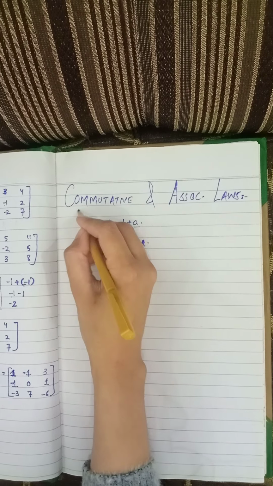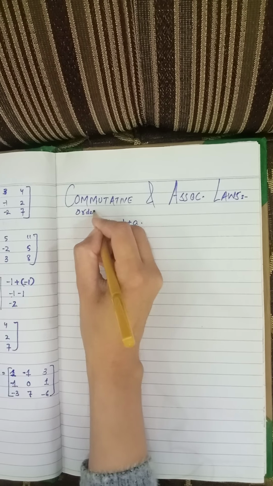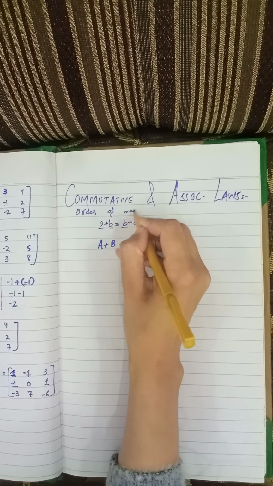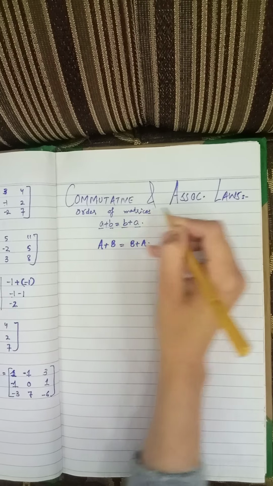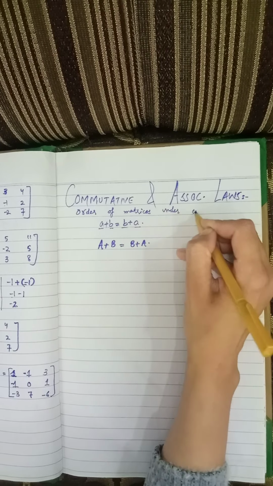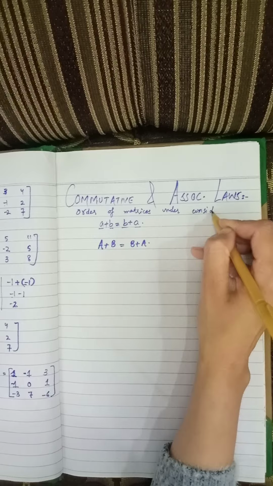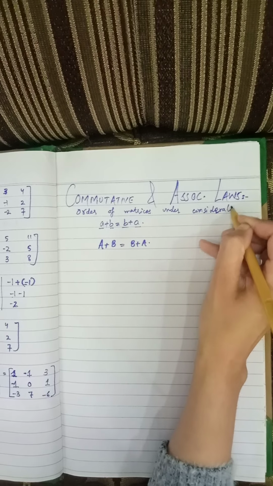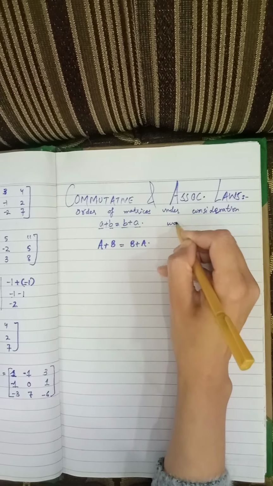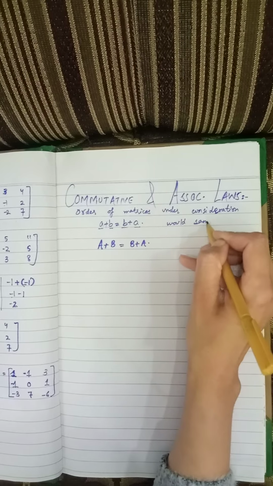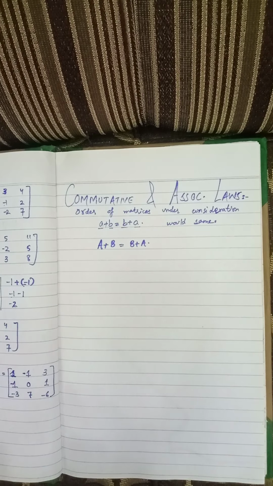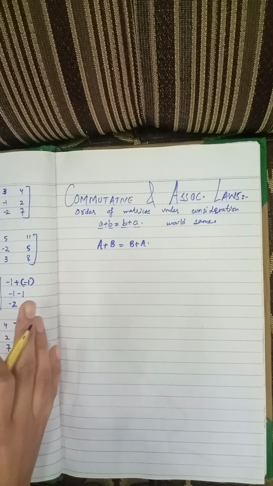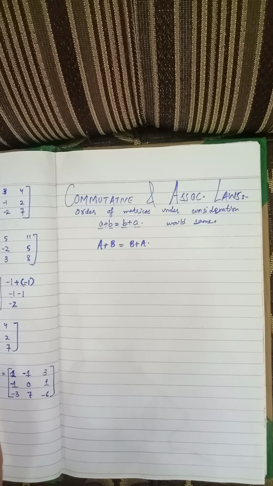The order of matrices under consideration will be the same. This is the first priority in addition, in subtraction, and in the commutative and associative laws of addition.